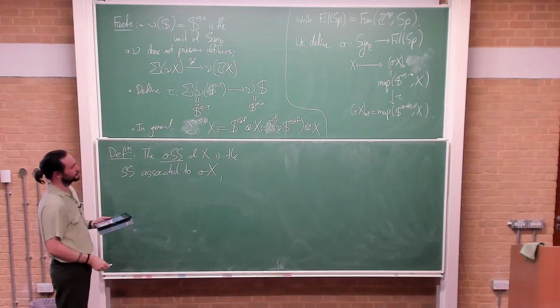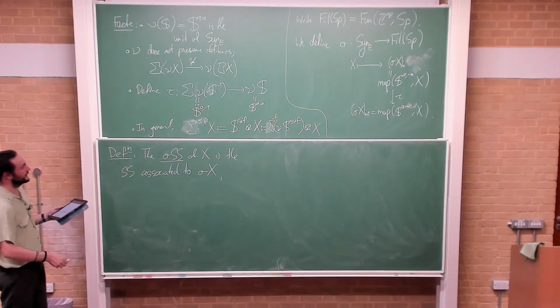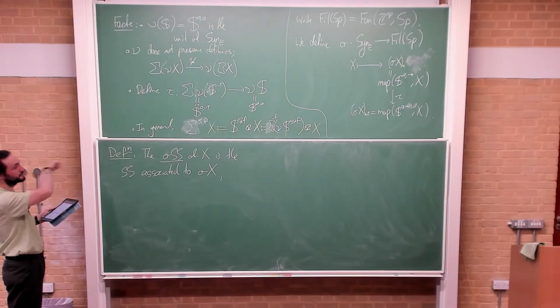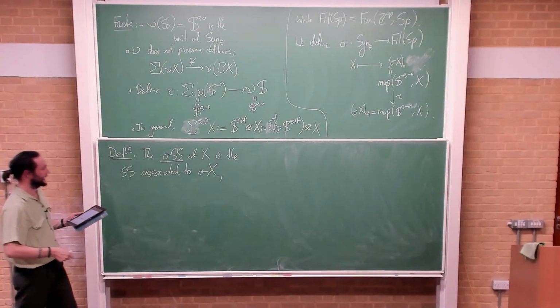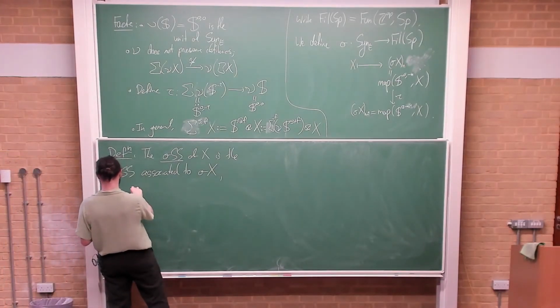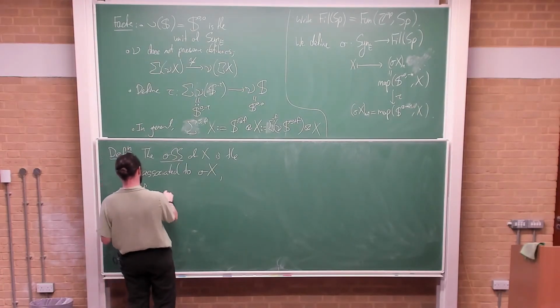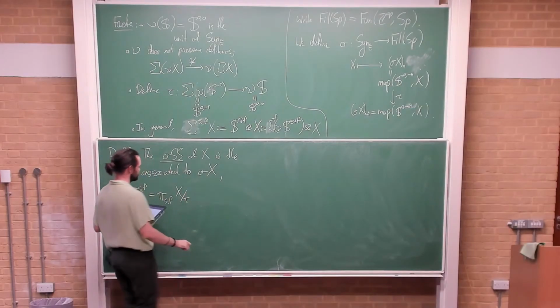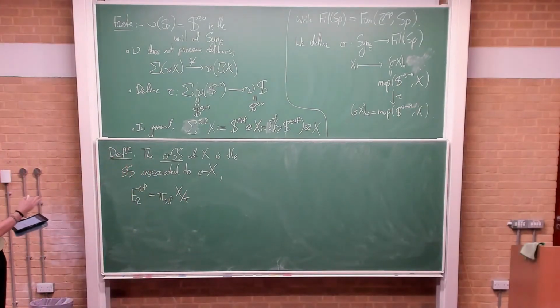Well, the associated graded is going to be what happens when we take all the cofibers of multiplication by tau. So the E2 page is going to start like this. It's going to start with the bigraded homotopy groups of X where we've taken the quotient by tau.